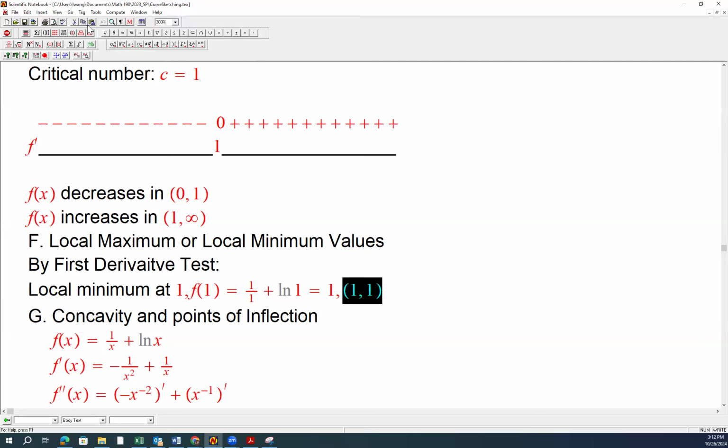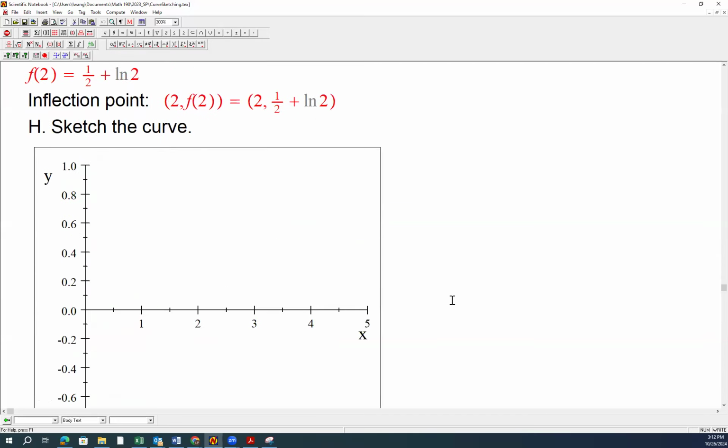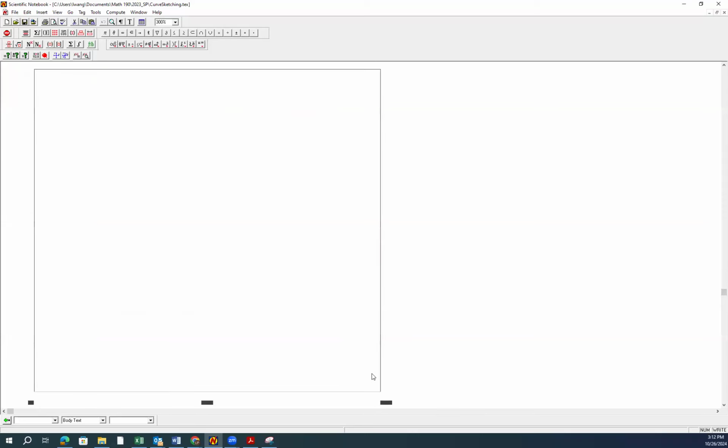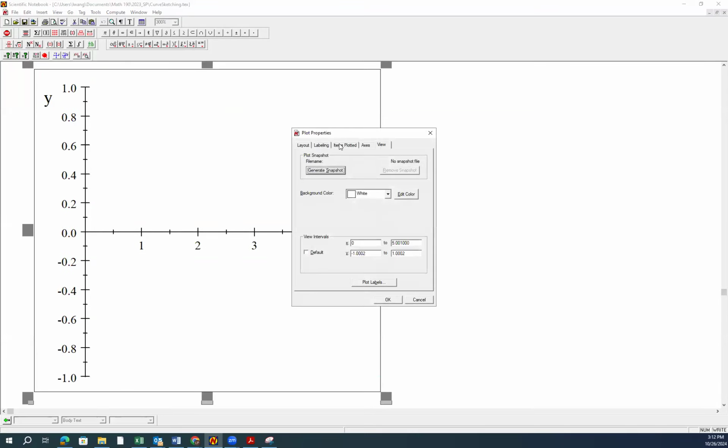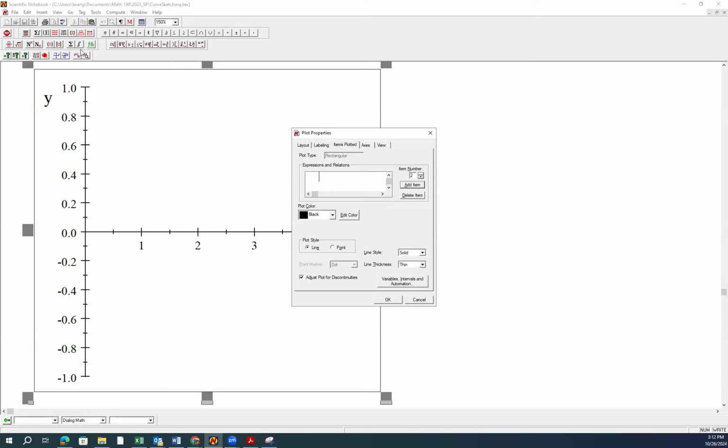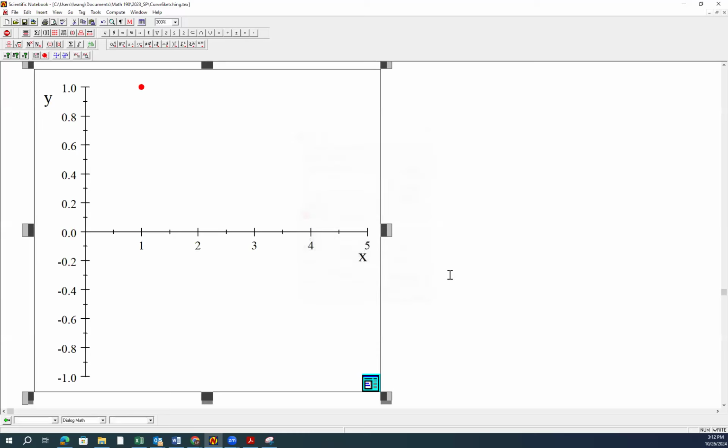I'm going to plot this point in the picture. The local minimum I'm going to make a red dot right there.